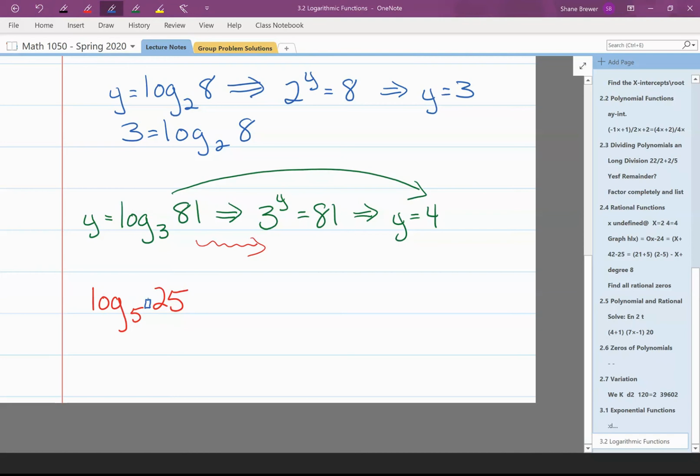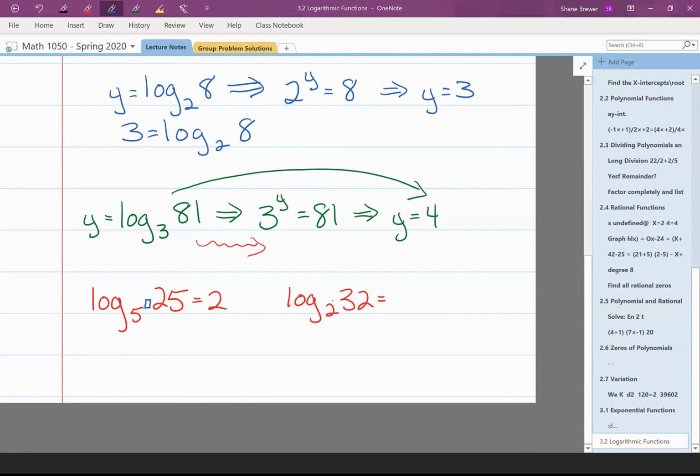Because that's what's happening, right? 5 raised to what power equals 25? I like doing it this way because it keeps it all in one place. What exponent goes on 5 to get a 25? And the answer is 2, 5 raised to the second. So if you do it this way, you can cruise through these things quite a bit. Let's do log base 2 of 32.